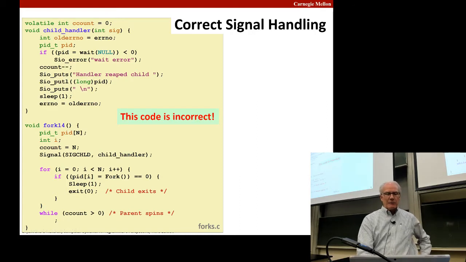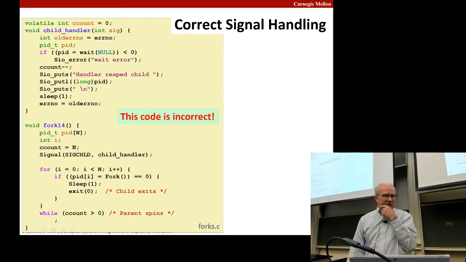But what's really happening is, as this parent sits in this infinite loop, this child handler will be invoked for as many children as exit, and eventually that count will go to 0 and I'll be done. So that looks like it should work, but there's a problem with it.